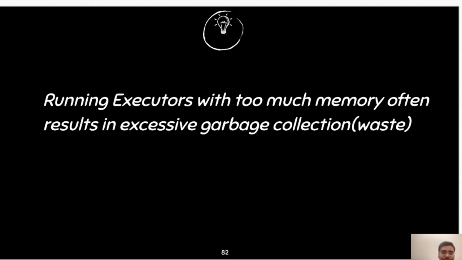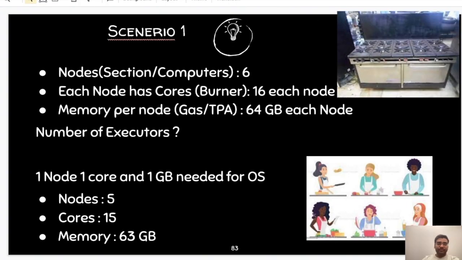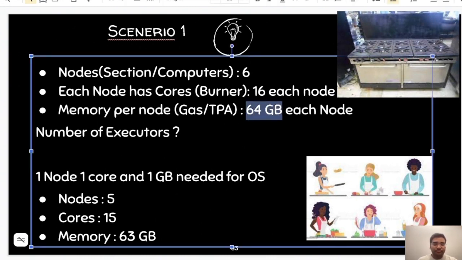So let's take one scenario here. You have six nodes, which means you have six stoves, and on each stove you're assigning one chef. The memory they are using, each stove is using 64 GB.